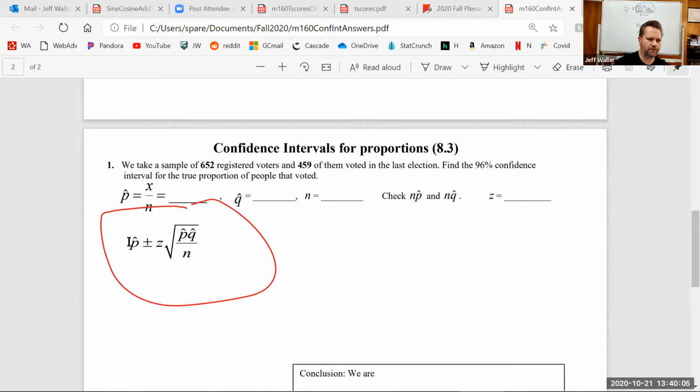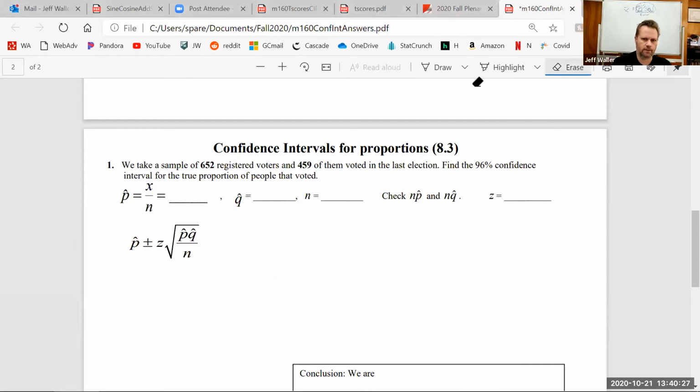They're a sample something, give or take z times a spread. The only time you're going to use these formulas, the x bar plus or minus, or the p hat plus or minus, is if I ask you to make a confidence interval. Never use it otherwise. Some people like to use this formula everywhere, and I don't understand that. All right, so let's try this problem out together.